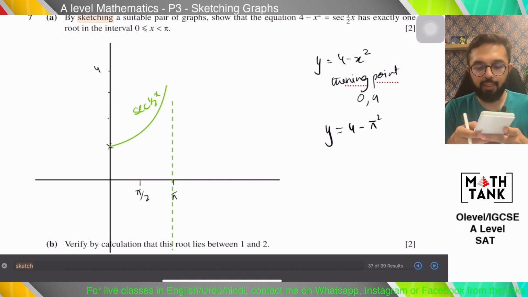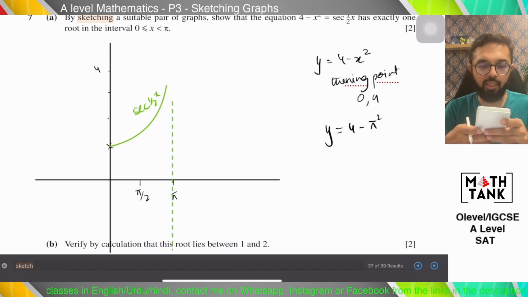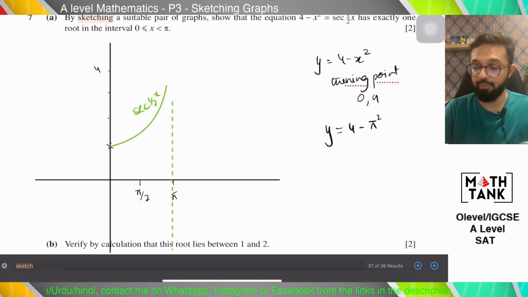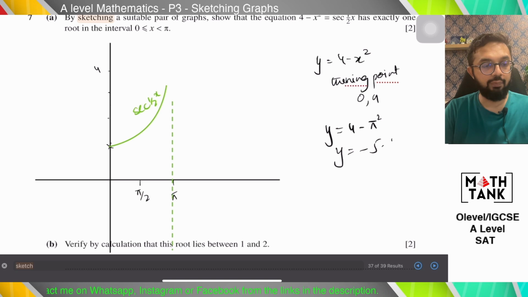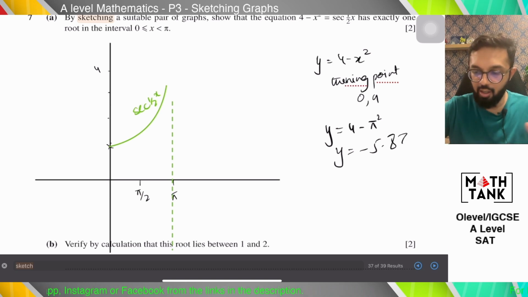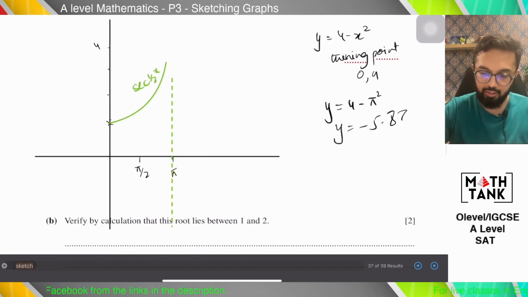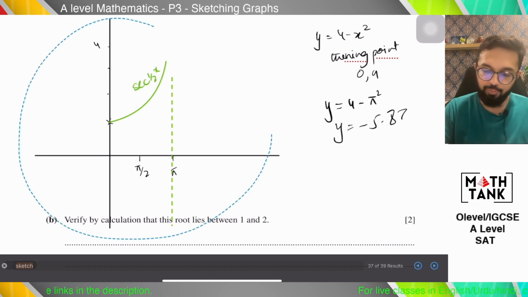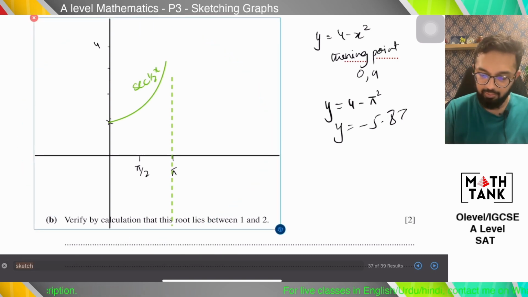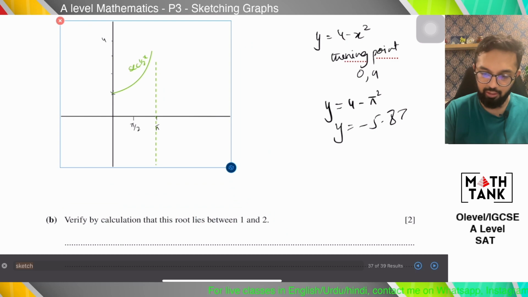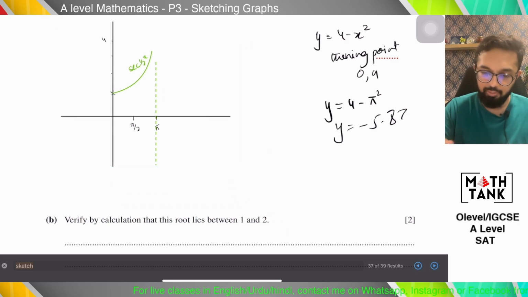x coordinate, that's pi, so 4 minus pi squared gives me minus 5.86, minus 5.87. So my graph will go down here. I wish I had drawn a smaller axis. Since I've drawn it very large, I'm going to shrink it, and my graph will look something like this.